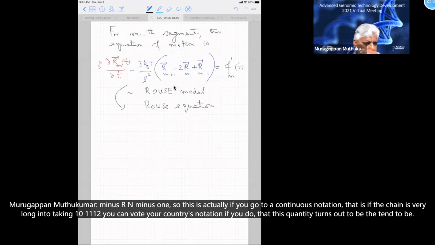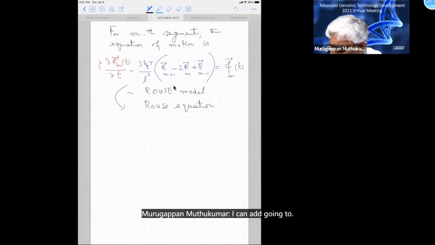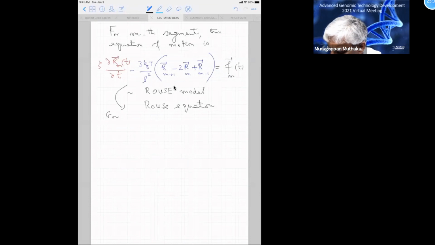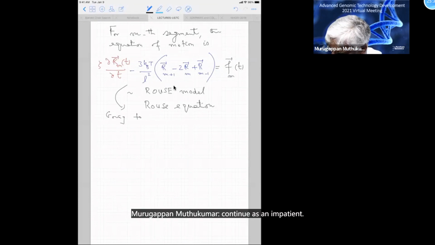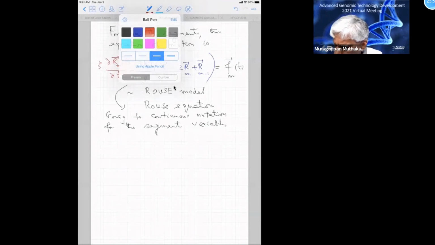If you do that, for the segment variable, we will have the following expression.